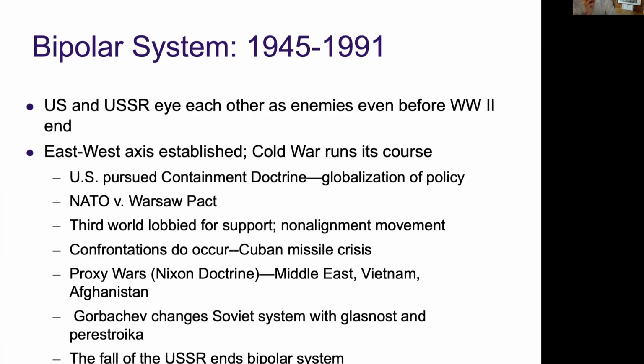Another form of war which occurred within this situation are so-called proxy wars. Some countries, most notably Vietnam, but also Afghanistan and the Middle East, are situations where the Soviet Union and the United States are not fighting actively against each other in a war, but through this country or a conflict within this country, which is a proxy.